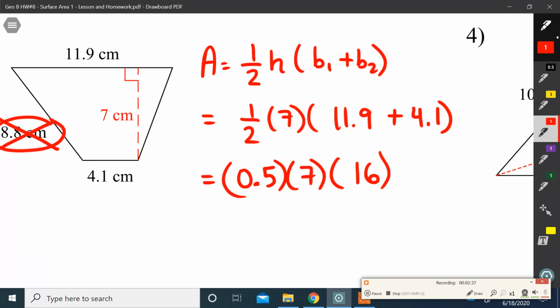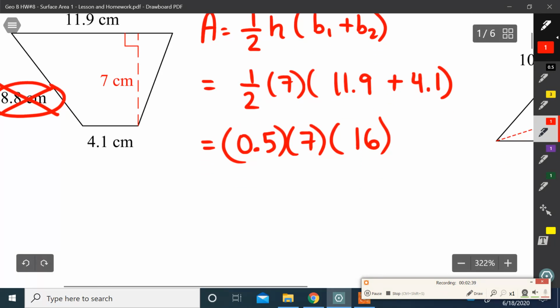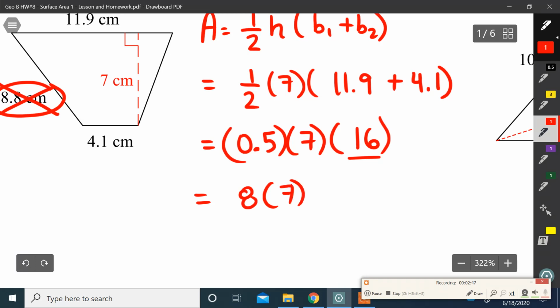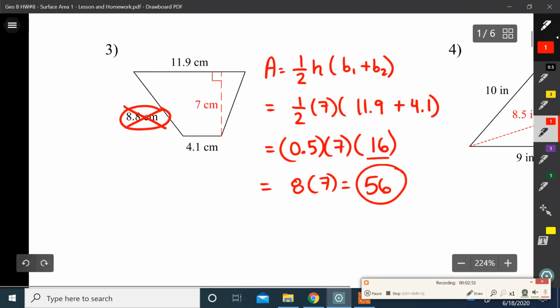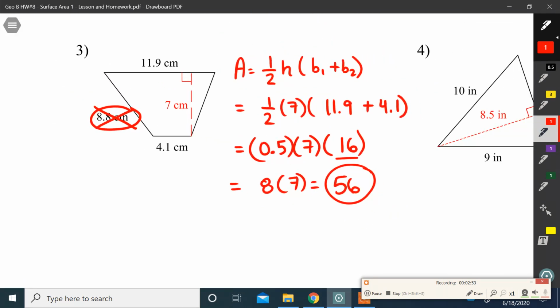Yep. And then we have 0.5 times 16 is 8. So if you were to multiply all that out, you will get 56. Again, we're just using formulas, and this should be pretty easy.